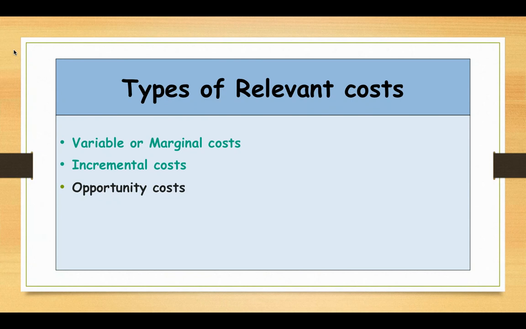So that usual production will be affected, and the company is going to lose contribution from the usual sale. That lost contribution becomes an opportunity cost, and opportunity cost is a relevant cost.